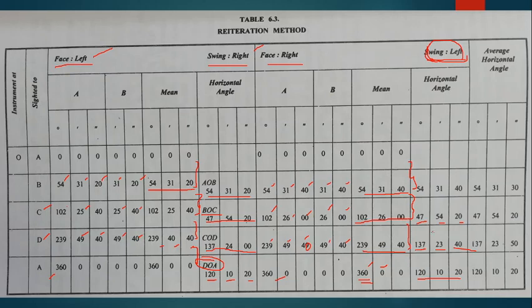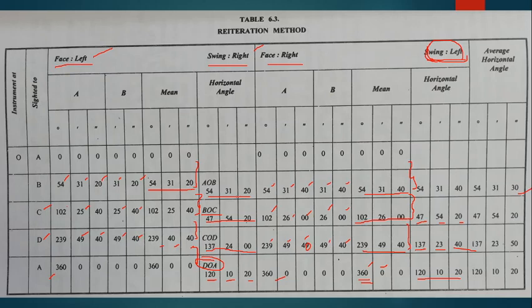Now we have two sets of different values, angles. That is angle AOB, two sets, angle BOC, two sets, angle COD, two sets, and angle DOA, two sets, with face left one set and face right one set. Then simply you can take the average of these two angles with face left and face right, that will be the final angle.